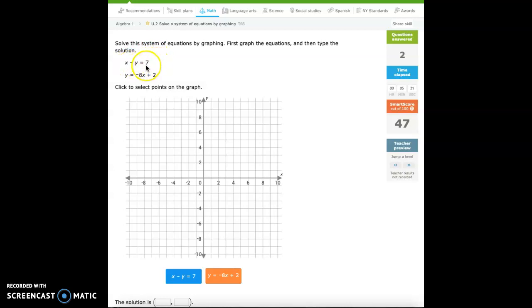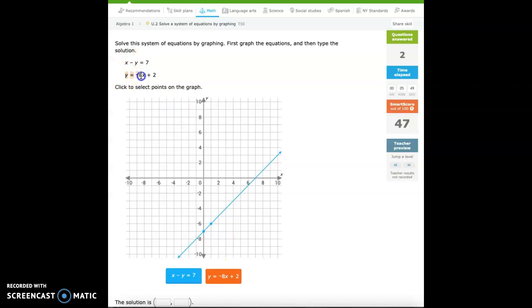So we would have x equals 7 plus y. But we want y by itself, so I subtract 7. So I would actually have x minus 7 equals y. X minus 7, -7 is the y-intercept. And the slope is x, so I go up 1 over 1. Because the slope is just 1x, or 1 over 1x.